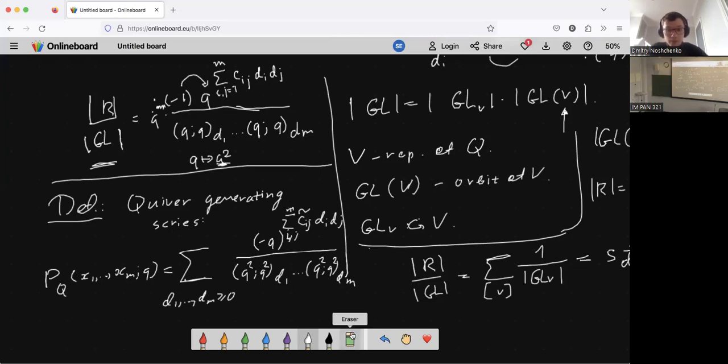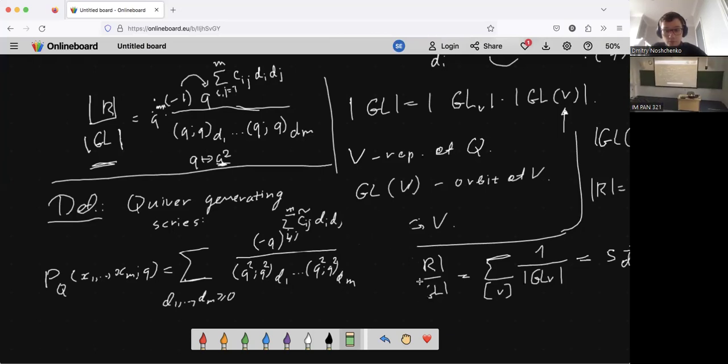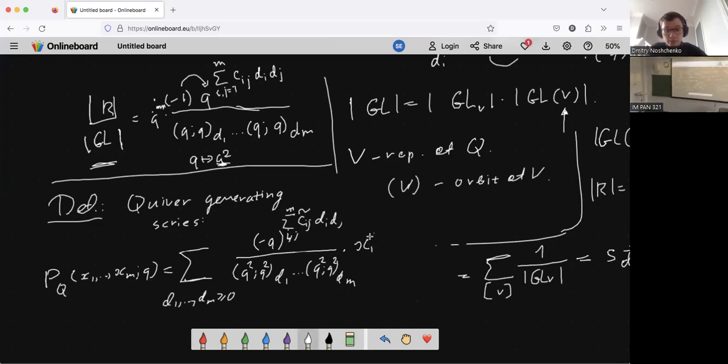And all this is multiplied by generating parameters x_1 to the power d_1 up to x_n to the power d_m. And all the chunk that has appeared from denominators, some part we put inside C_ij and some part we absorb into x's.